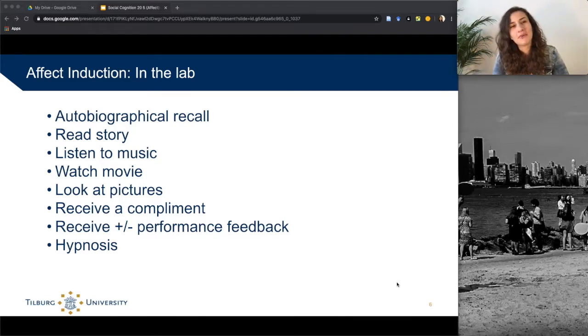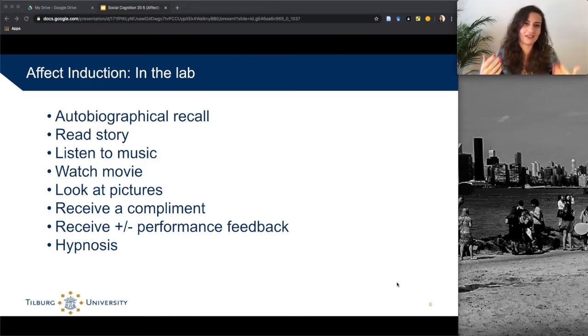So another way of inducing in the lab the affect that we're looking for might be to ask participants to read a story. So here you have full control over the material, right? You as the experimenter give the same story, or stories that differ in specific regards which you again have control over, to your participants. That means because you have this experimental control, at least you can control what goes into the participant, right?